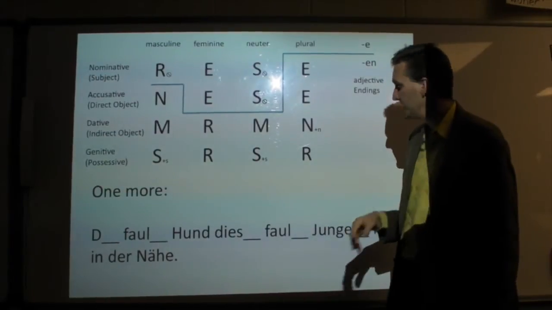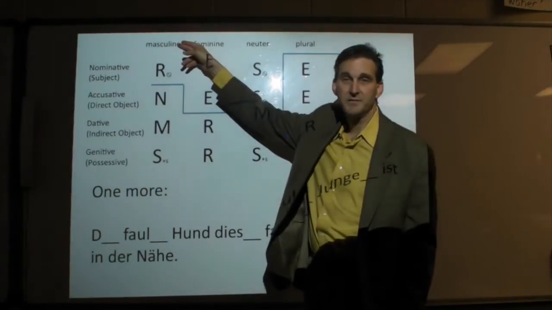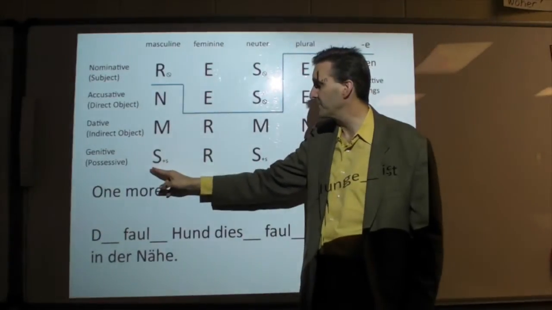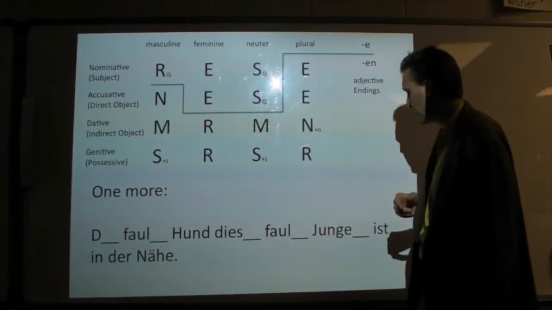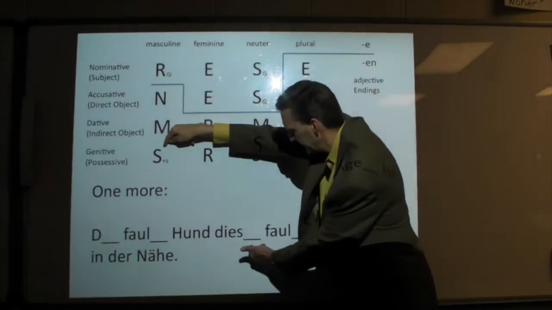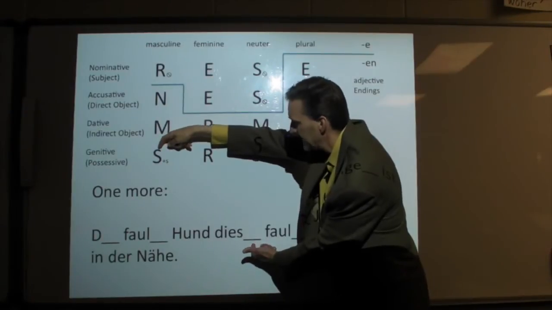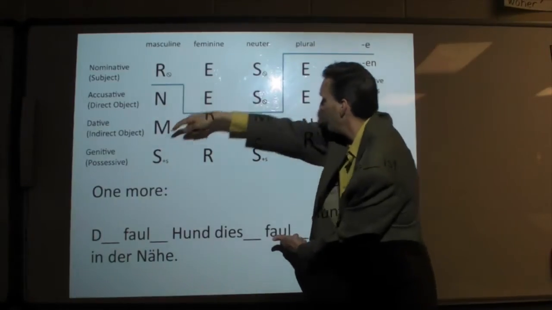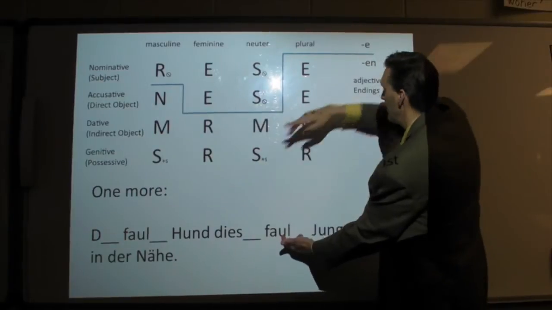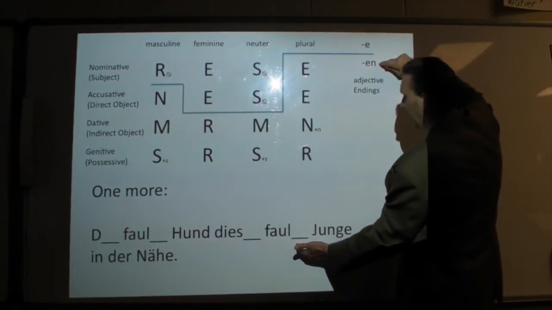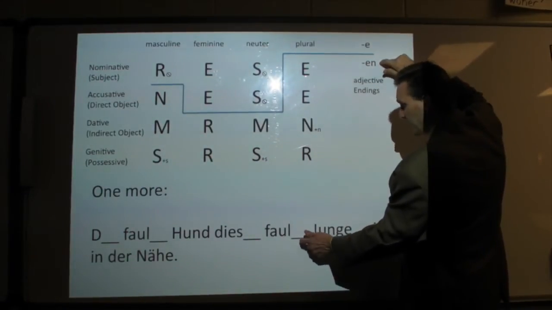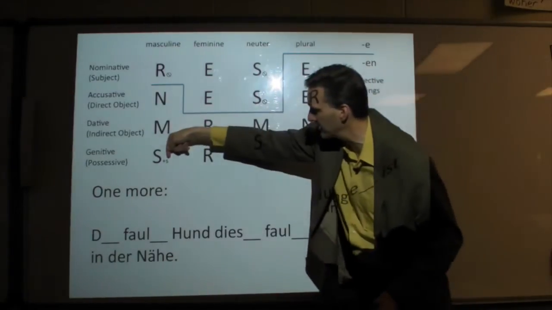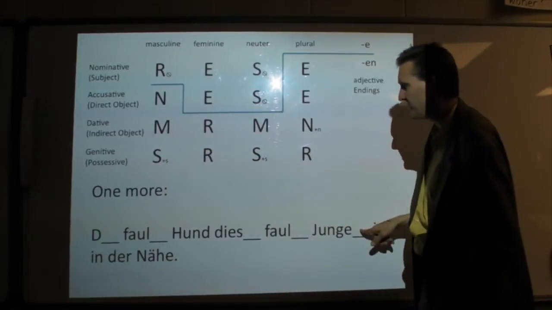of this lazy boy. Okay? Of this lazy boy. Well, we know that boy is masculine, and he's the possessor. So watch, we got several things going on. We need this S over here. Dieses. Then we have faul, which is an adjective. It's below the line, so we need en right there. Faulen. We're still not done because we still need this other little s attached here.